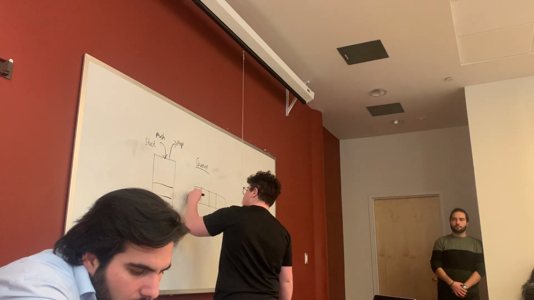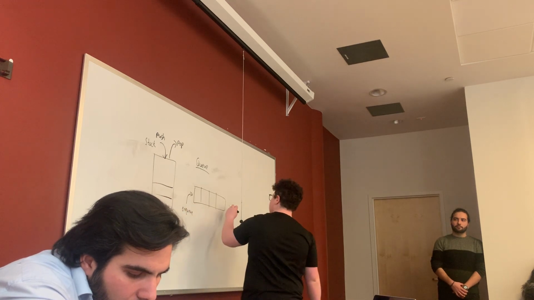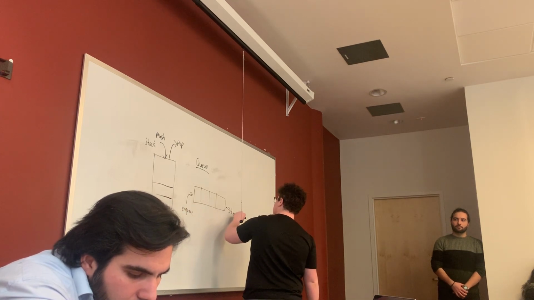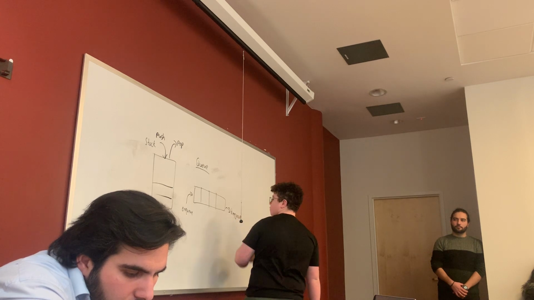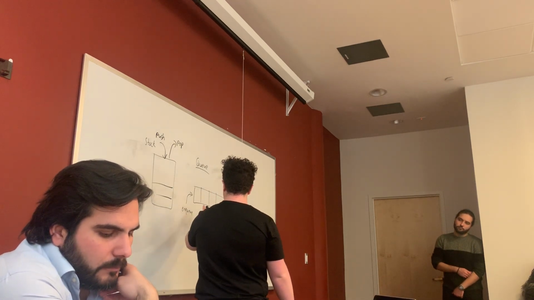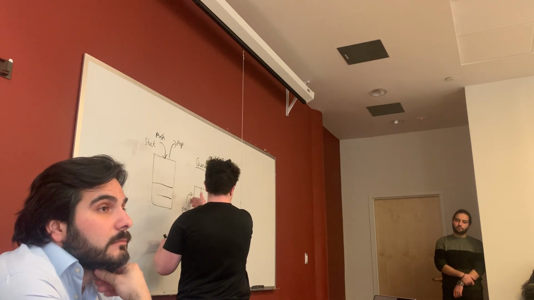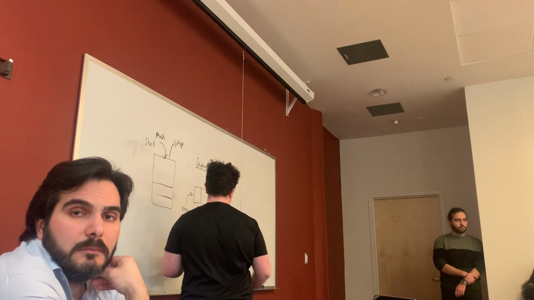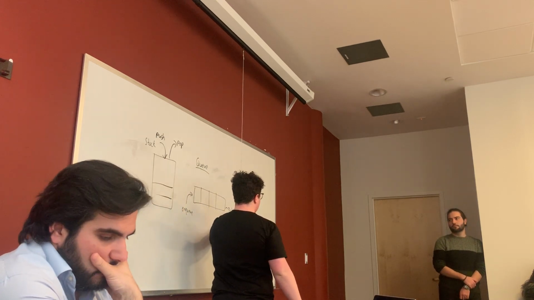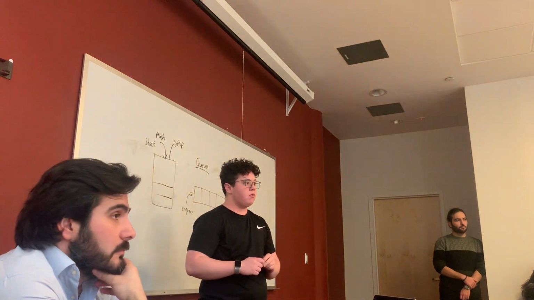So for a queue, you NQ onto the back and you DQ off the front. If we put something on a queue, we put it at the back, and we can only DQ it once it is at the front. Does anyone have any questions before I move into an example?